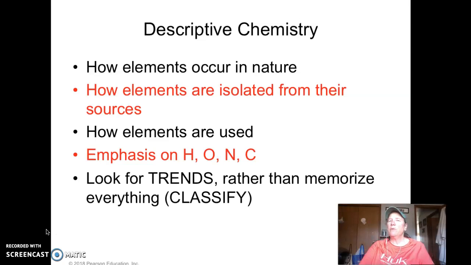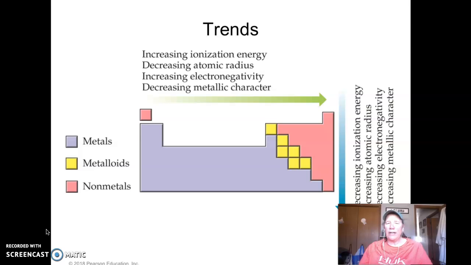The other thing when you're using descriptive chemistry, you look for trends. It helps you memorize things about the elements, how they're classified. When I talk about trends, I'm talking about like their size, their radius, things like that. So here's a trend for metals, nonmetals, and metalloids.